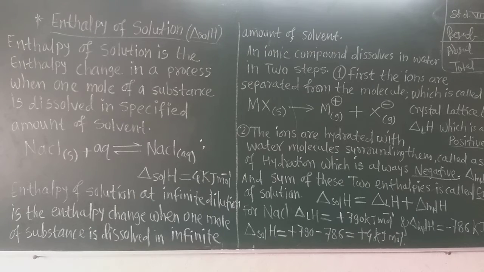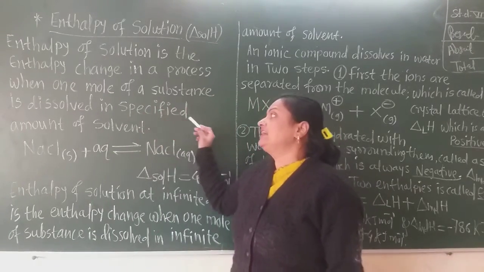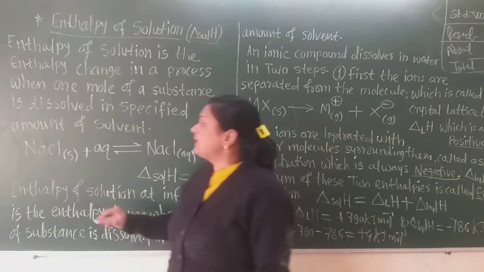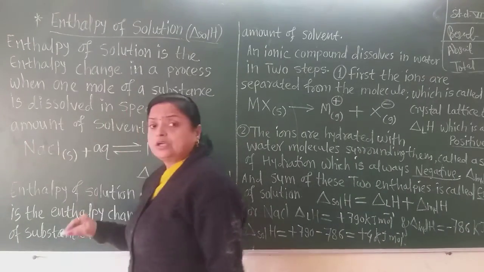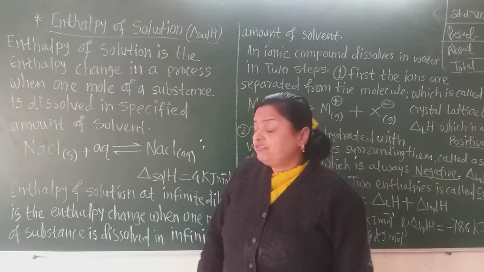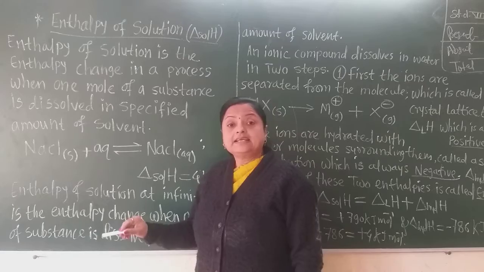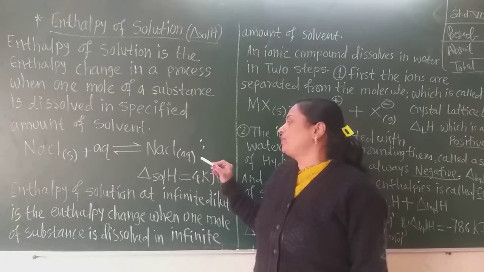So enthalpy of solution is the enthalpy change in a process when 1 mole of a substance is dissolved in a specified amount of solvent. Now for example, NaCl. This is NaCl, the substance in the solid state. When it gets dissolved in aq, that is water, there is formation of NaCl aqueous, that is the solution of NaCl.